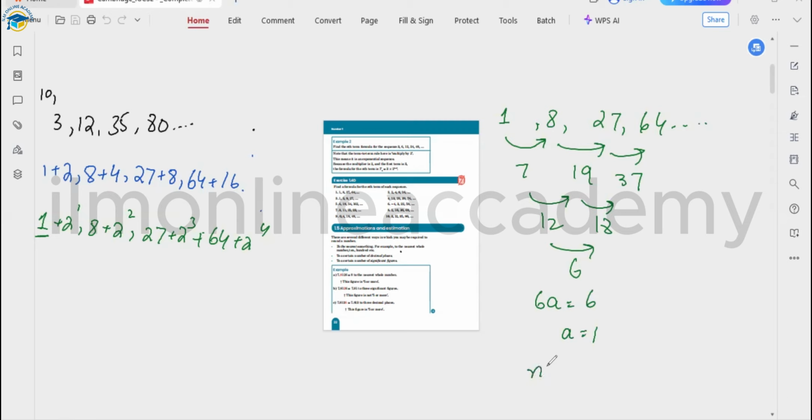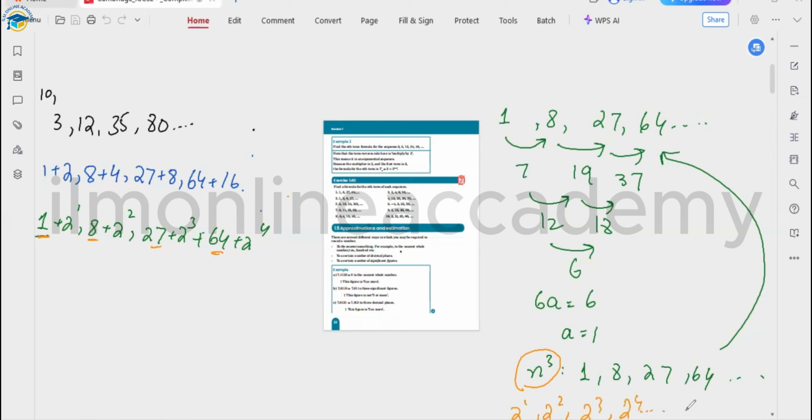It means that the sequence we can make is with n cube. That will be again 1, 8, 27, 64, which is exactly the similar sequence that they gave us at the start. So after subtracting, we get n cube again. So the numbers that we have here are showing us n cube, and the rest of the numbers, 2 power 1, 2 power 2, 2 power 3, 2 power 4, are showing us the exponential sequence, that is 2 power n.